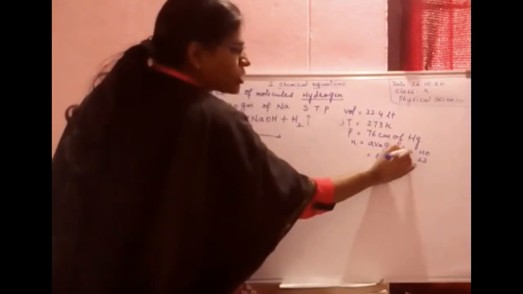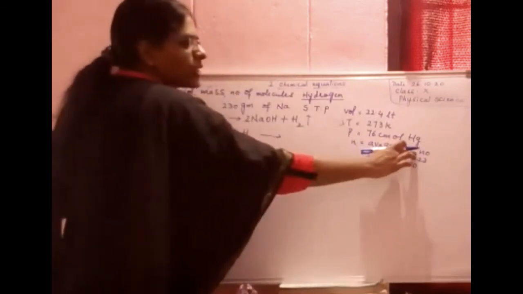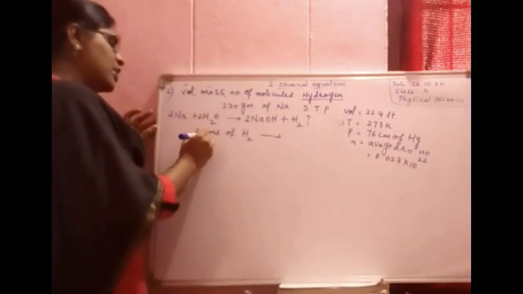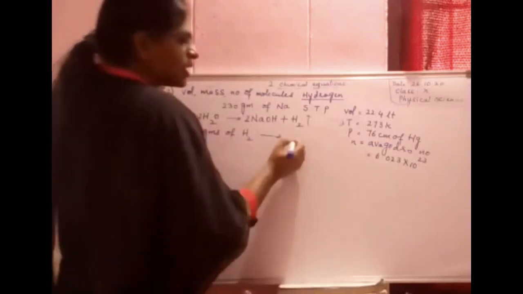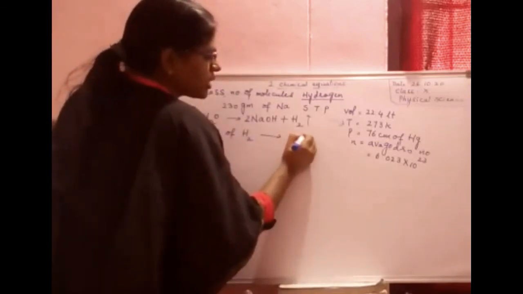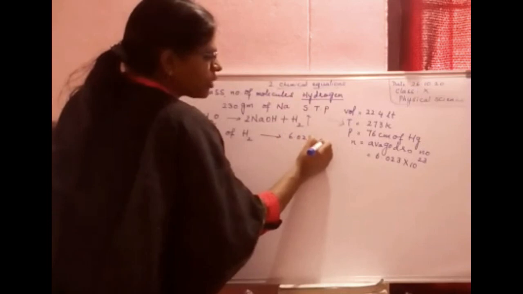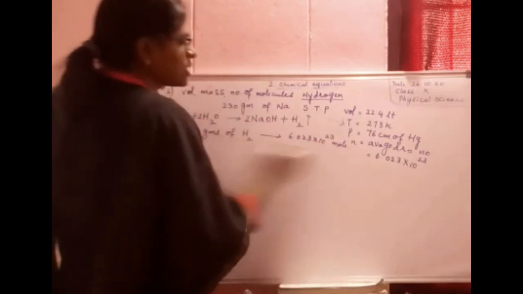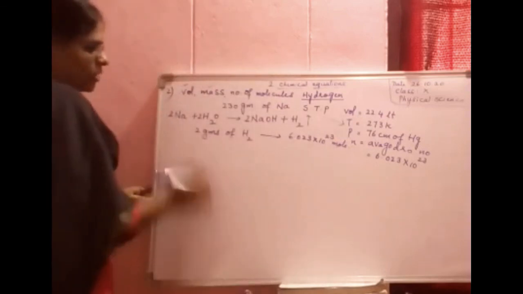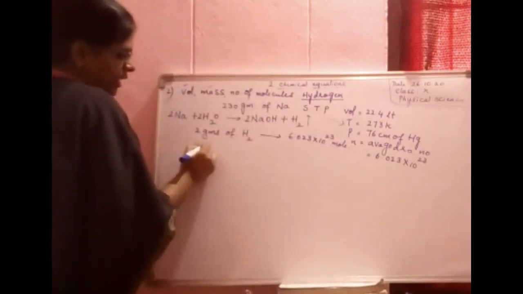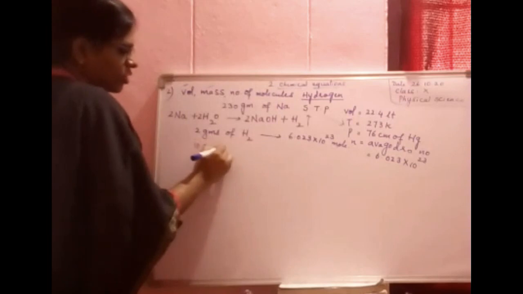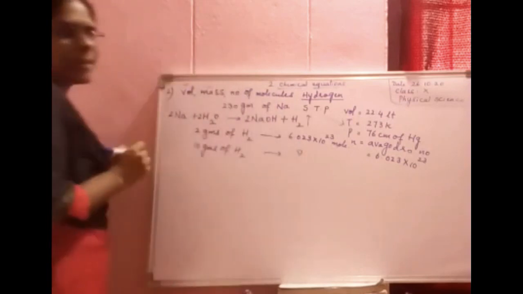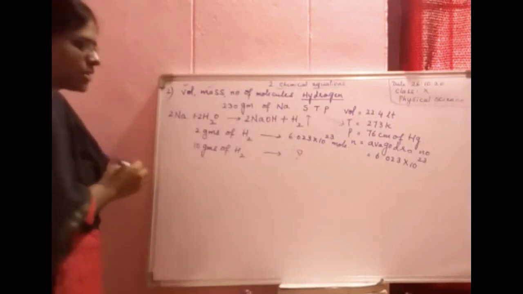These are constant values. You must always remember them. Now, 2 grams of hydrogen gives you 6.023 into 10 power 23 molecules. From the problem, how many grams of hydrogen did we get? 10 grams.